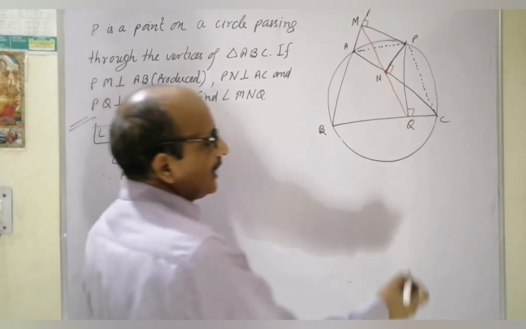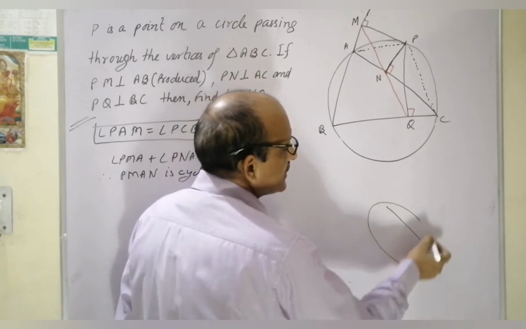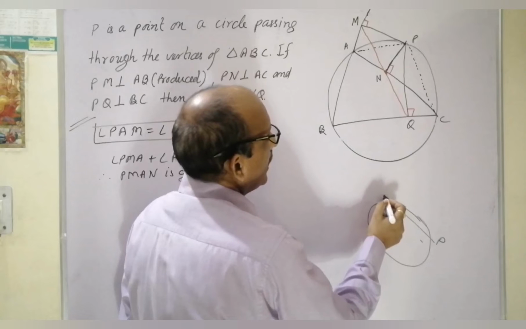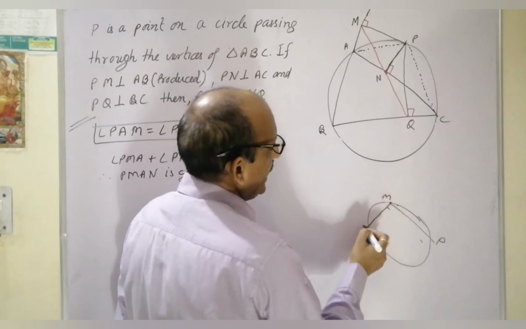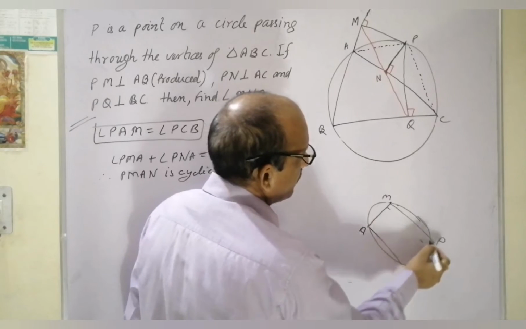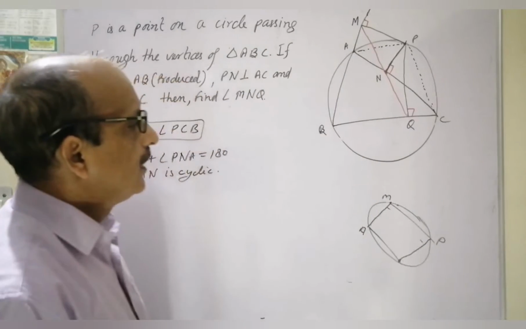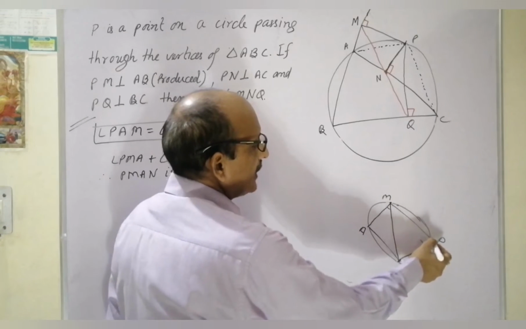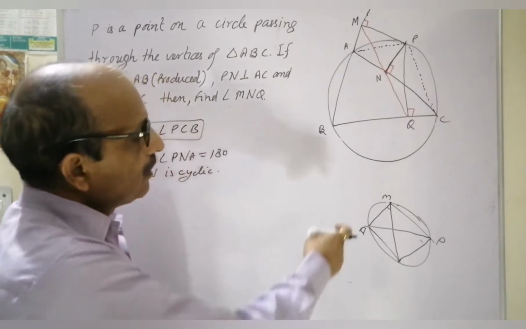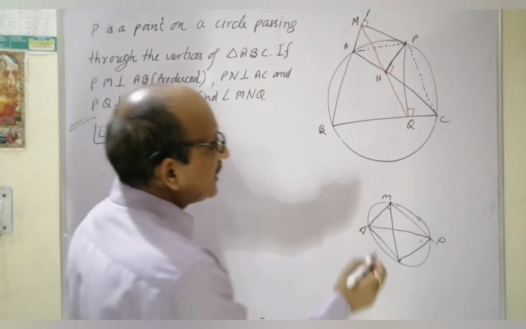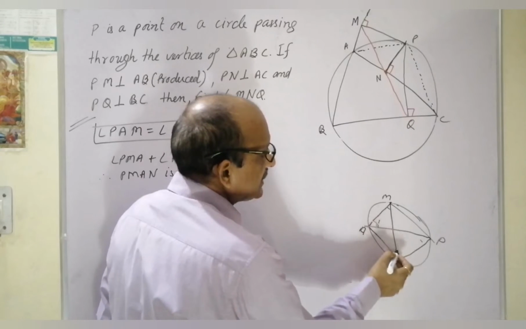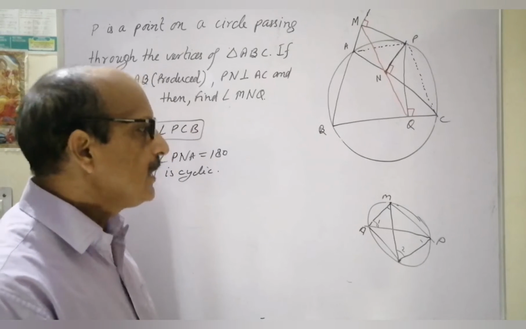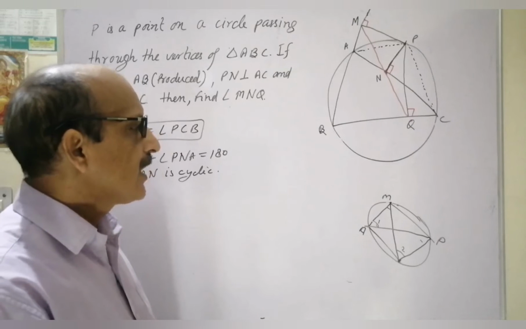Now recall again, if 4 points are cyclic, say P, M, A, and N, just to correlate with the figure, and one construction is already done by us, then this angle, say angle 1, and this angle 2 are angles in the same segment, so they are also equal.